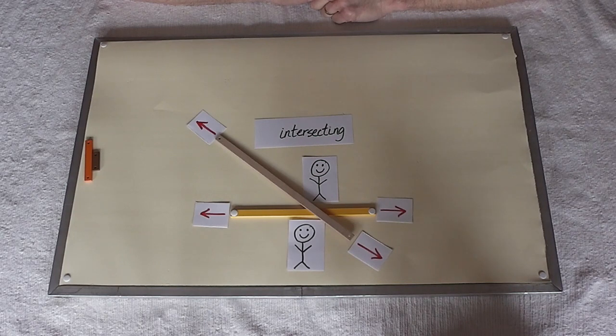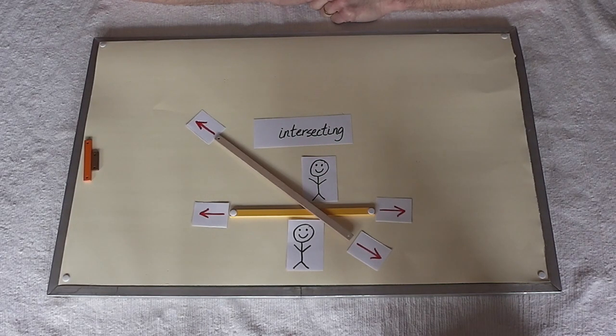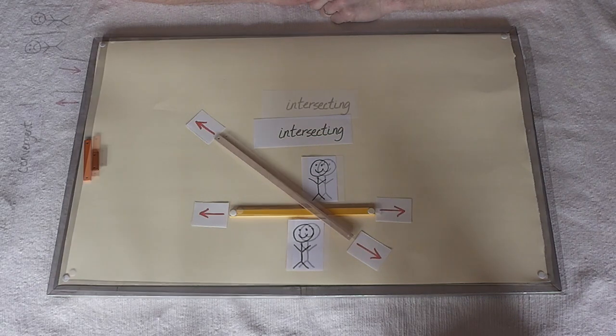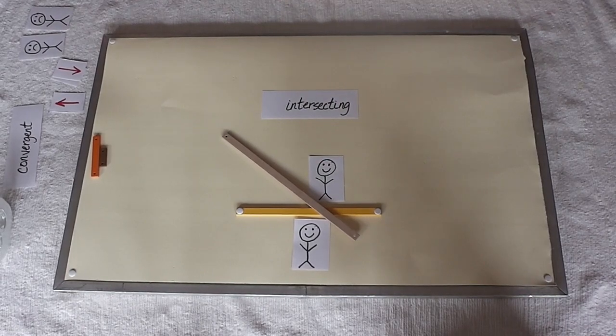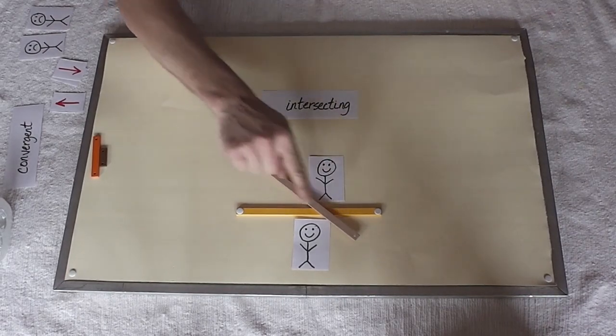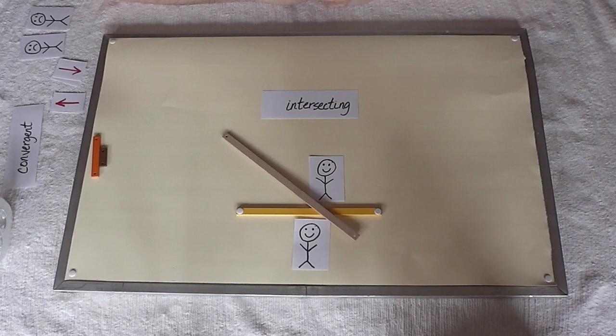I've got some more terms to give you, but I just need to clean this up first. I'll be right back. Okay, as I said, two lines that cross each other are intersecting lines. That's why our children are happy, because the lines have intersected and now they get to meet each other.